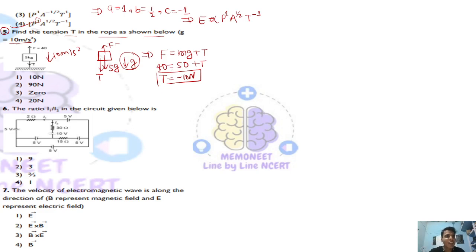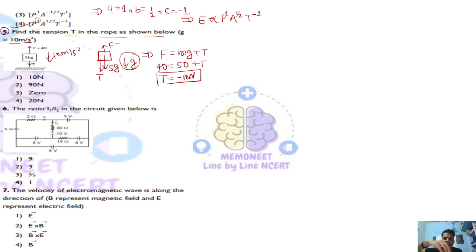So you can see that tension is not acting here. Basically, the downward force is greater than the upward force. Mg is greater than the force, so it will not get up.